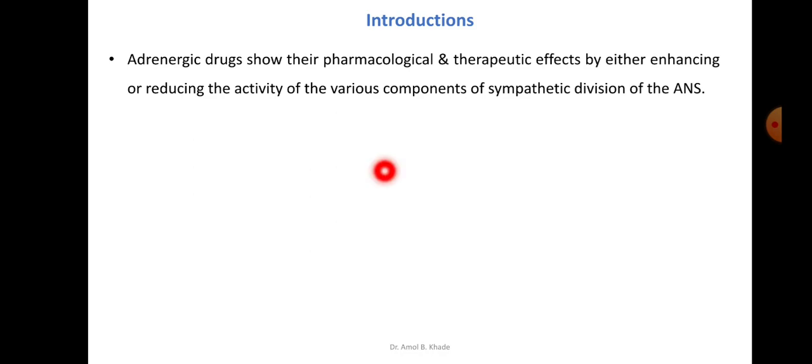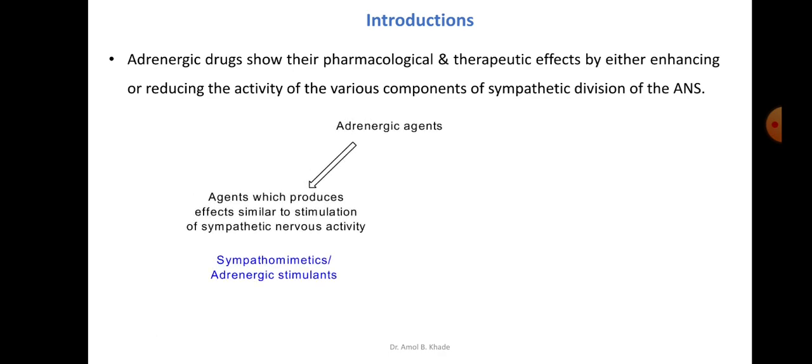Adrenergic drugs show their pharmacological and therapeutic effect by either enhancing or reducing the activity of various components of the sympathetic division of the ANS. So based on their action we can categorize them into two classes. The first class of adrenergic agents are the drugs which produce effects similar to the stimulation of the sympathetic nervous system.